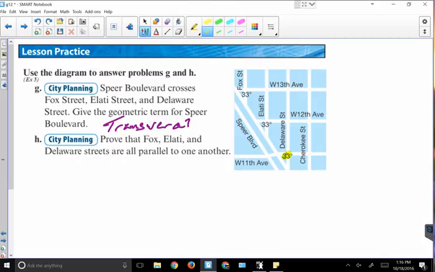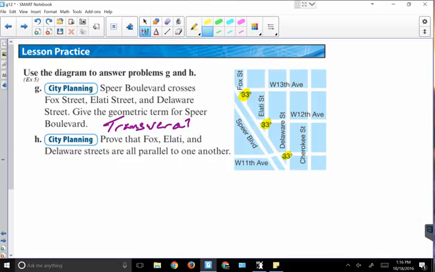I've got this here, it says 33. I got this here that says 33. I got this here that says 33. So, out of the angles that we've looked at, are they corresponding? Are they alternate interior, alternate exterior, same side interior? Incorrect. Corresponding angles.